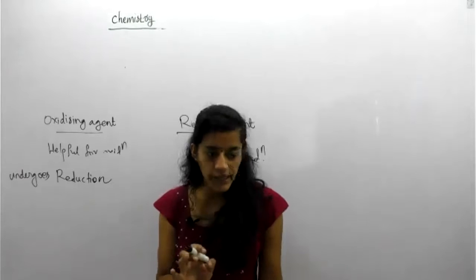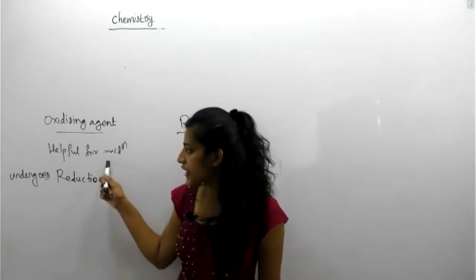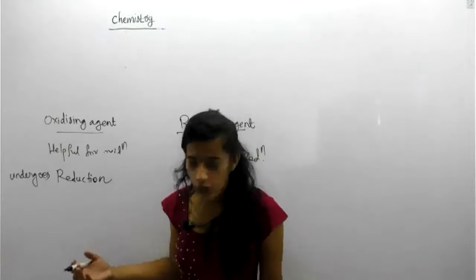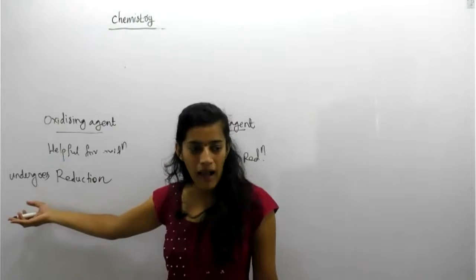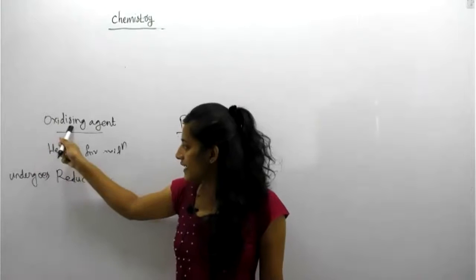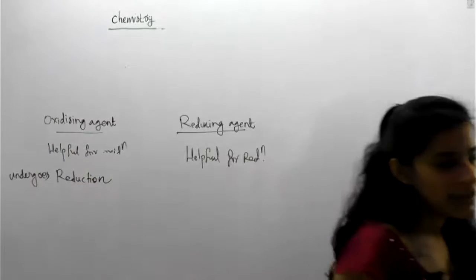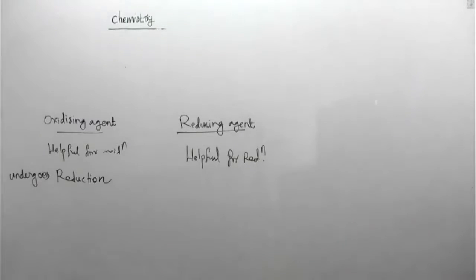Sayali is telling that it is accepting. So I am also telling that the oxidizing agent undergoes reduction. Is it correct? Reduction means accepting electron, so the oxidizing agent will undergo reduction.